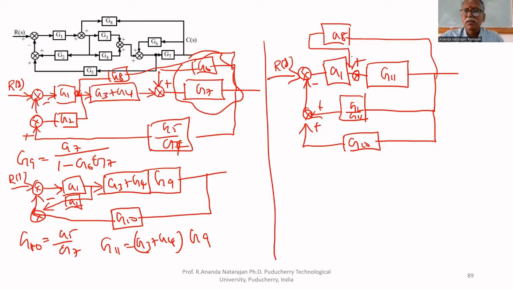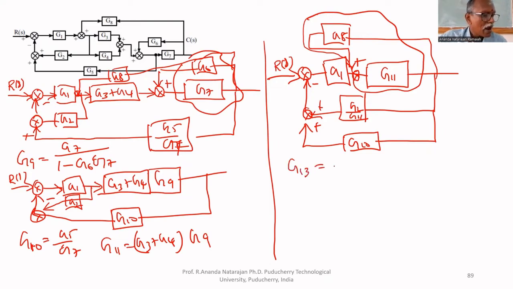This can be called G13. G13 equal to G11 upon 1 minus G11 G8. G11 upon 1 minus G11 G8, that is G13.